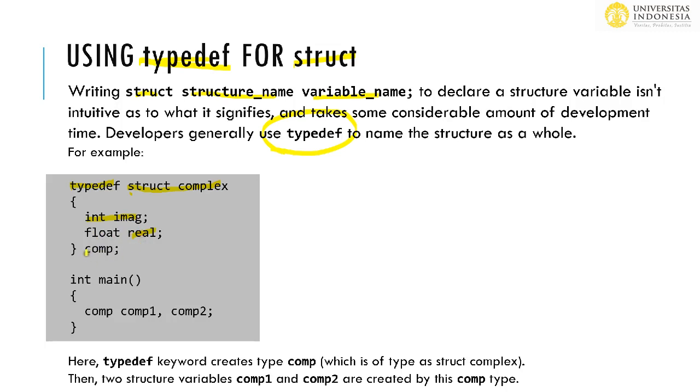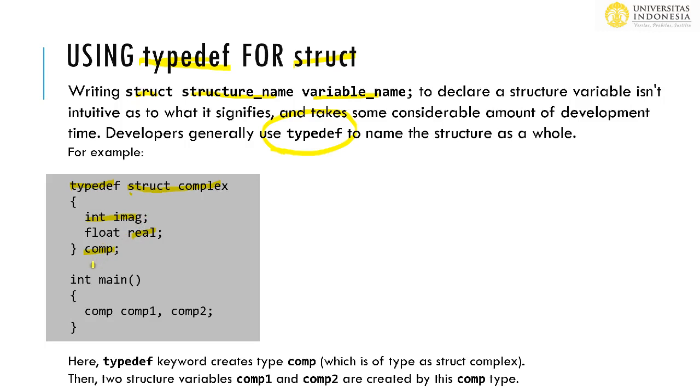And you mention it as typedef com. So typedef, structure name, and com, the name of the alias or the other name, is a common practice.